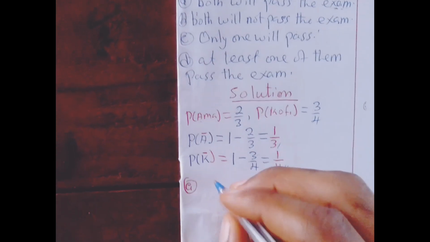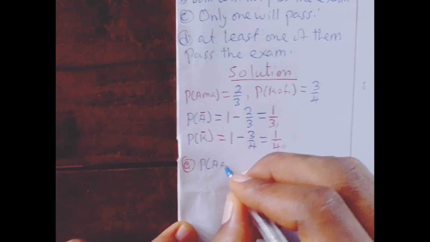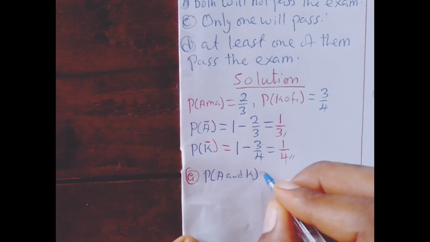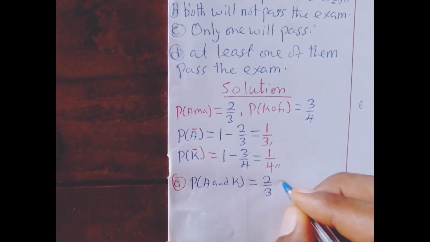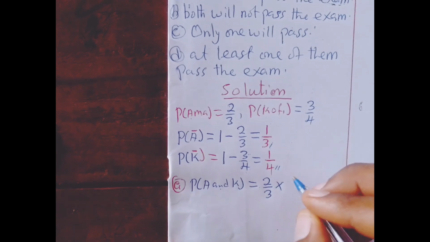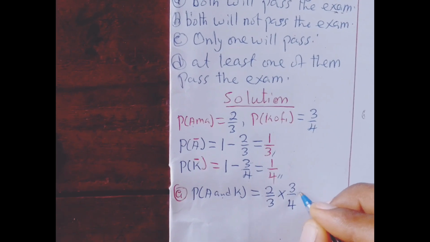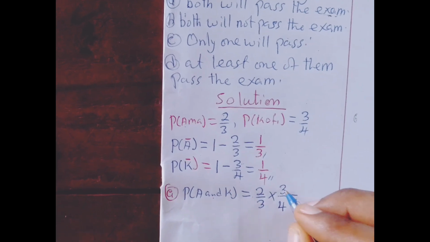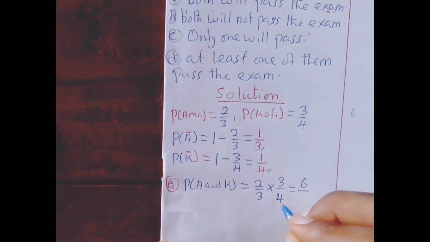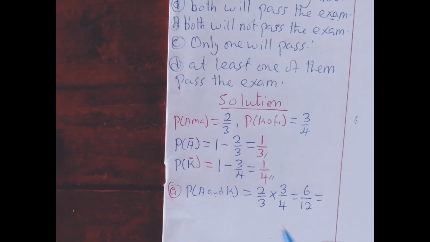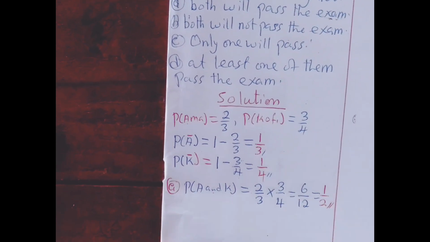So I'll be having the probability of Amma and Kofi passing must give me Amma passing, 2 out of 3, times, and means times, Kofi passing, which is 3 out of 4. And this is giving me 2 times 3 will give me 6 out of 3 times 4 gives me 12. And when I simplify it further, I'll be having 1 out of 2. I hope that is clear.